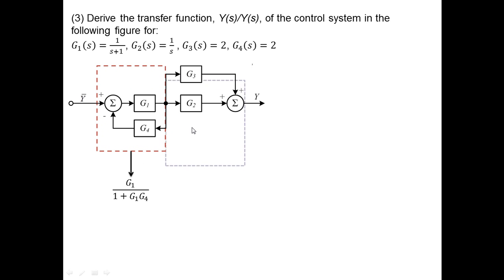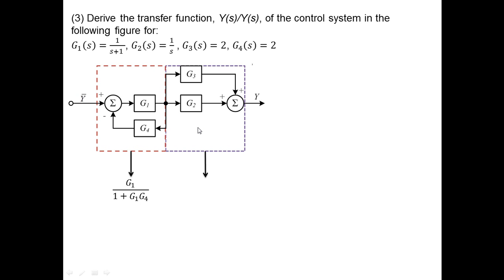In the second one, we have just two parallel routes. Keep in mind, here we don't have a loop, just two parallel blocks. So in order to simplify these two, because they are parallel, the simplified transfer function of these two routes is just the summation of these two, G3 and G2.